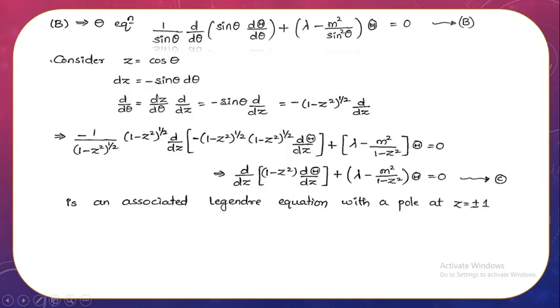And they will be having the poles, that is extremum points, at z equals plus or minus 1.